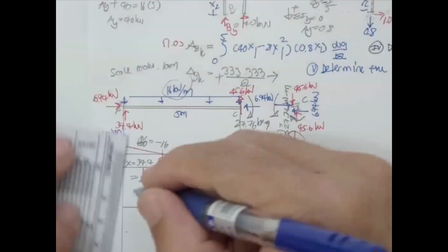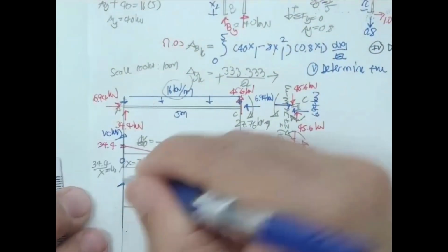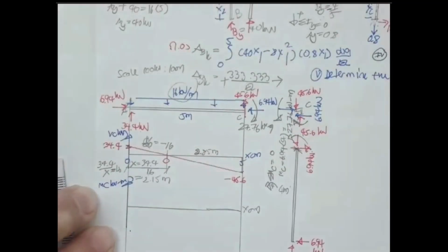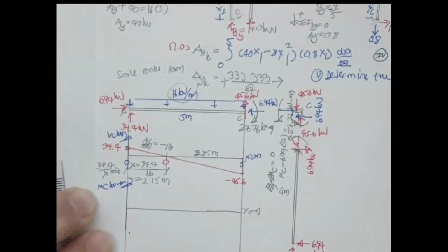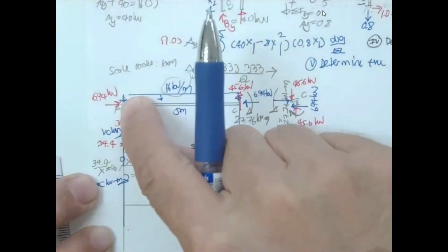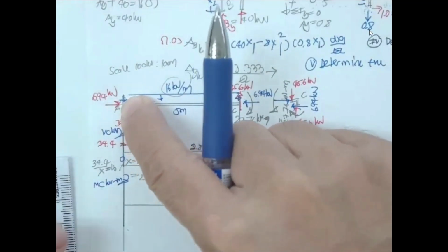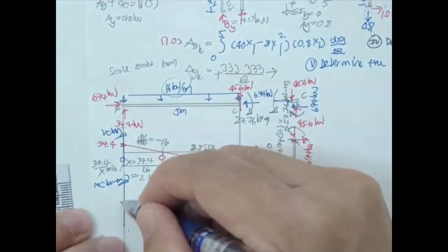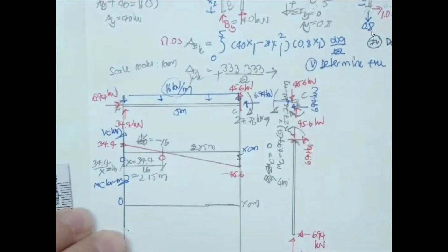Okay. Now, coming to the next portion, again, we have x meter and this one for moment in kilonewton meter. This is pin, no external moment. Since there is no external moment, this is going to be the point of zero moment.